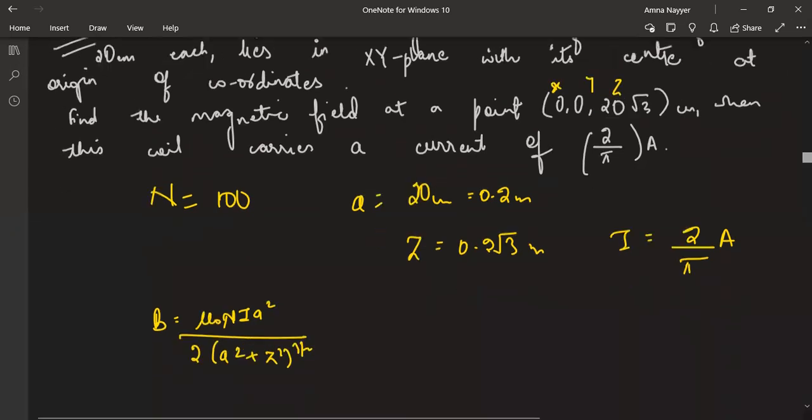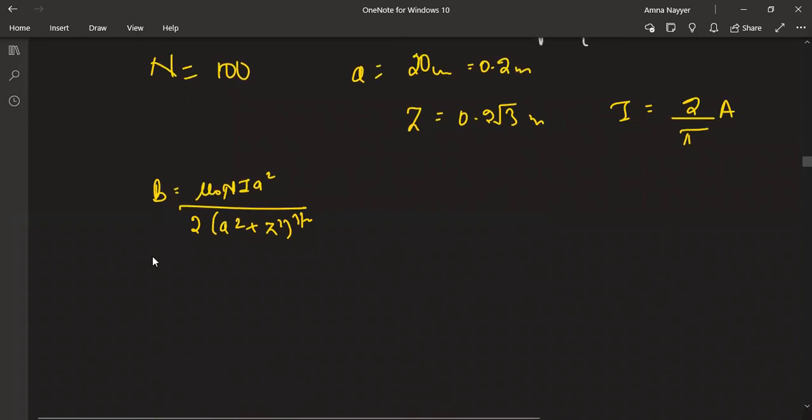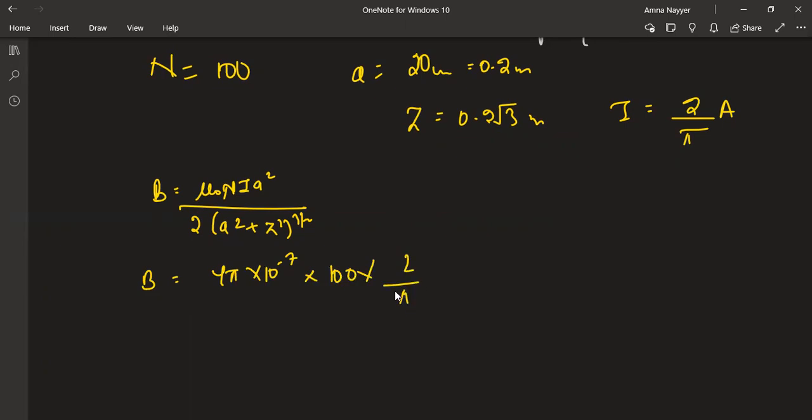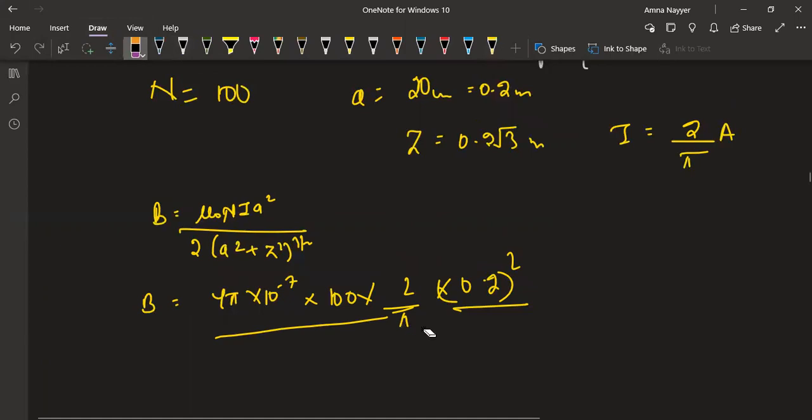So put in the values. This will become 4 pi into 10 to the power minus 7 into 100 into I, 2 by pi, a squared, 0.2 whole squared. This is divided by, let me write pi in the denominator then directly.